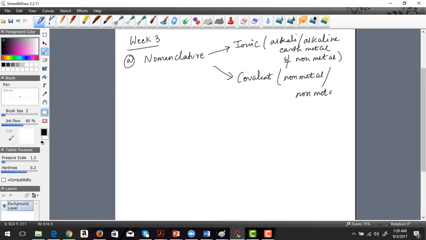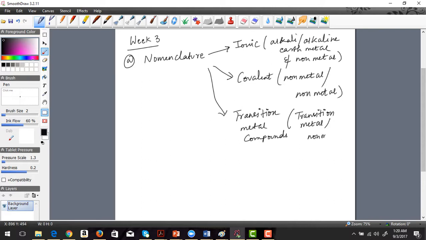And then we learned how to name transition metal compounds. They are not technically ionic, but you can sometimes consider them ionic. But then we had a transition metal and a non-metal. We only classified them very rudimentarily based on the type of element it is.